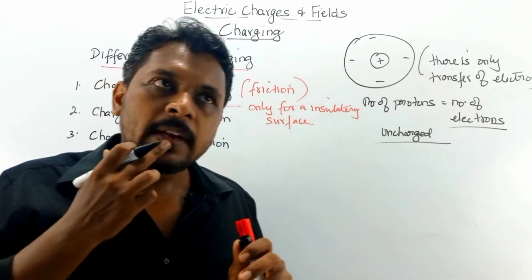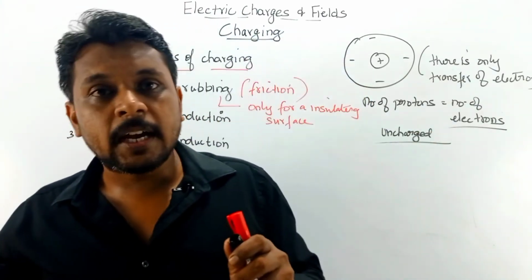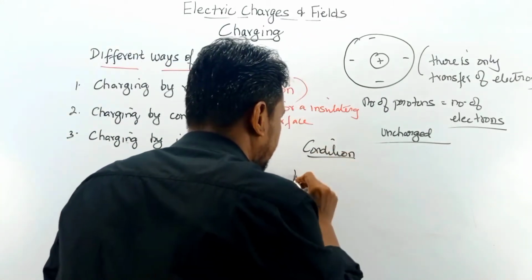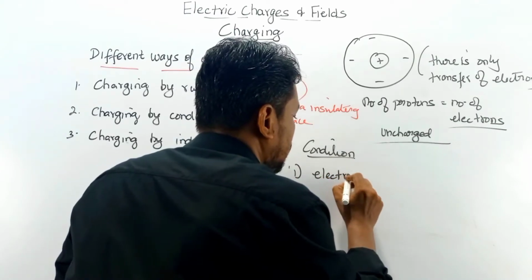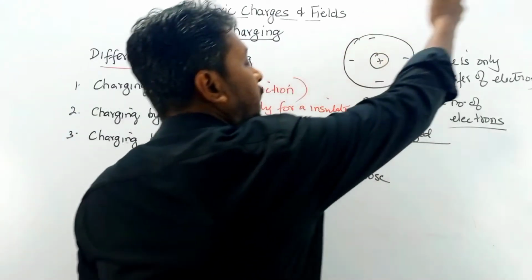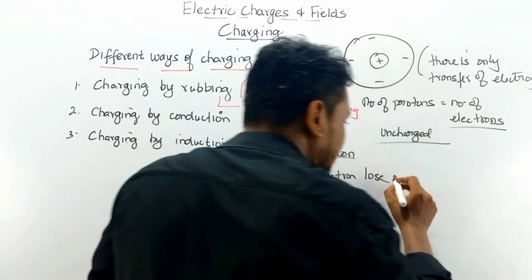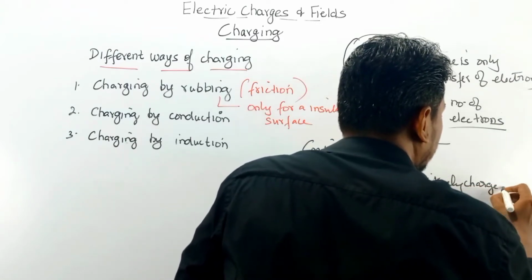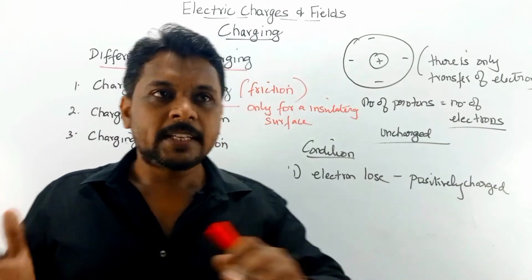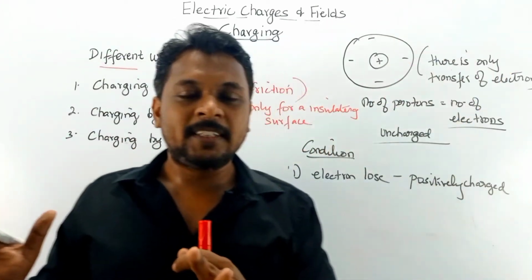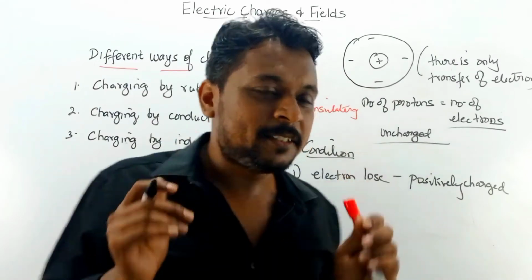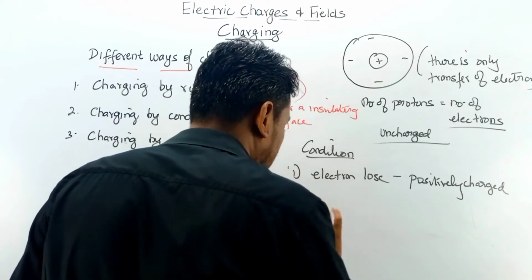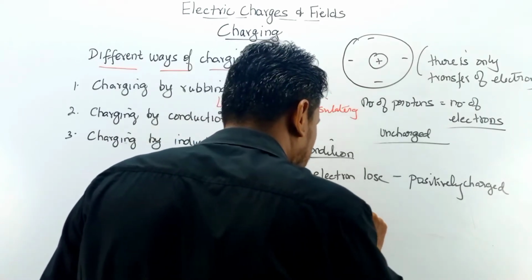So when will we say it is positively charged or negatively charged? This is the condition. When there is loss of electrons from an atom or object, we say that it is positively charged, because when there is loss of electrons, there is an excess of positive charge.